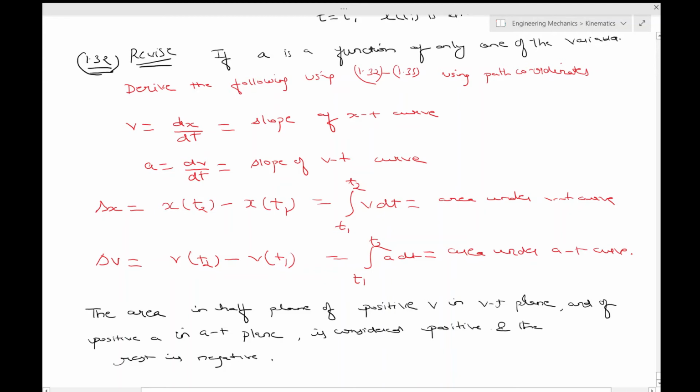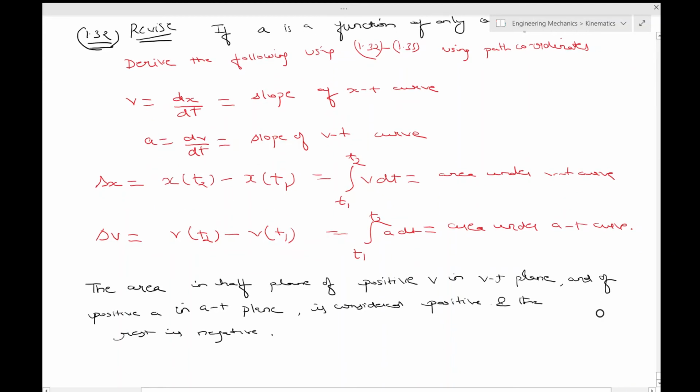And why would area be needed? To obviously calculate the distance or the change in velocity, depending on which graph you are looking at.